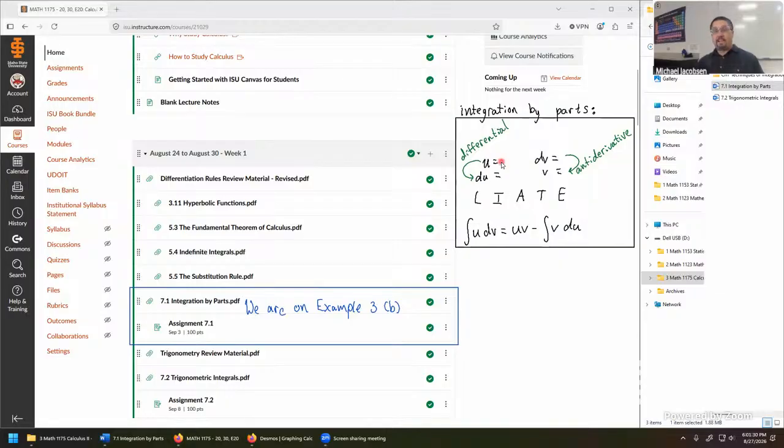We pick u by the LIATE mnemonic, which is usually pretty foolproof for the kind of problems that I would ask in homework and on the exam. And then down below is the entire formula. The integral of u dv is uv minus the integral of v du. So that's the whole idea. And well, let's get started, unless there's any last questions or comments.